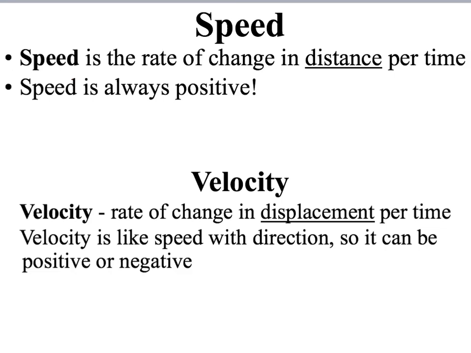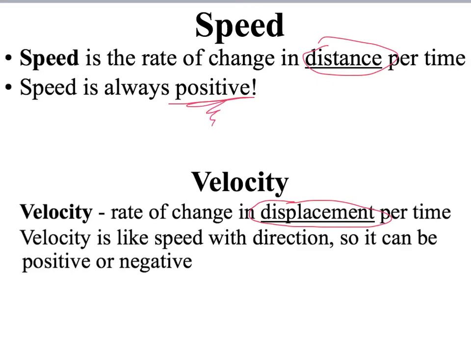So just to emphasize the point again, speed is a change in distance over time, and velocity is a change in displacement over time. Since direction doesn't matter with speed, the numbers that we get for speed are always going to be positive.